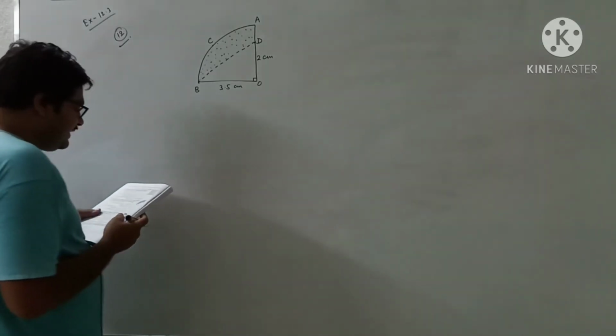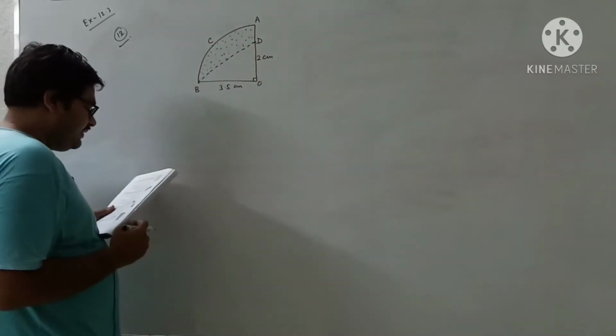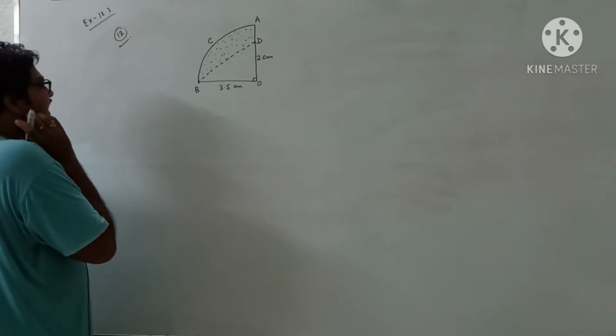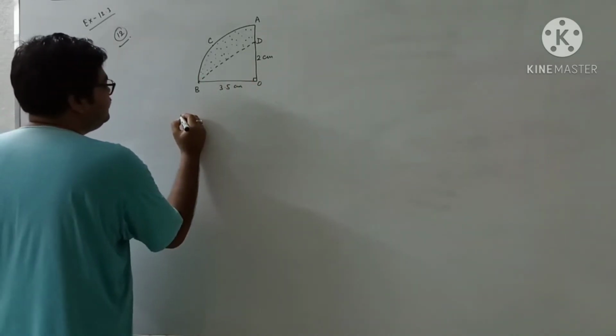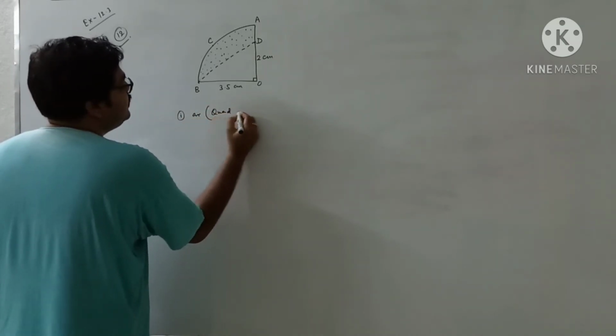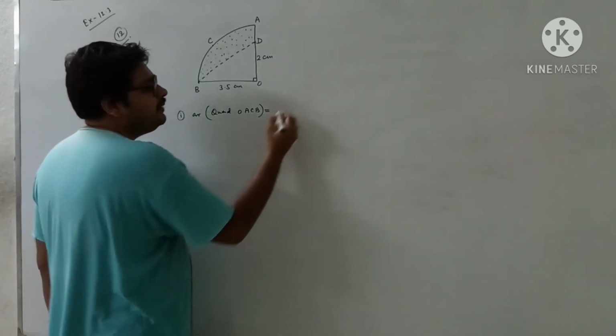So first is the area of the quadrant OAC, the complete quadrant area. Next is the area of the shaded region. It is very easy. As the quadrant's radius is given, I can find out the area of the quadrant easily. So first, area of quadrant OACB will be pi r square by 4.